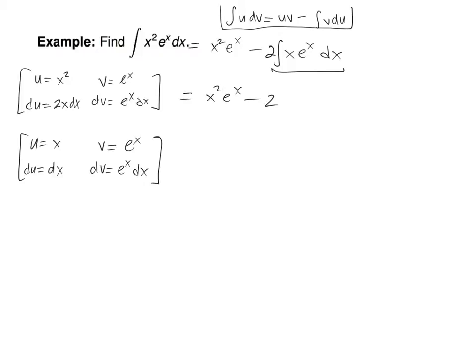Minus 2, and be careful, because we're going to expand using the integration by parts formula. The thing that is one term becomes a thing that has two terms, which means you need parentheses. So parentheses, uv, x e to the x, minus integral v du, which is e to the x dx.